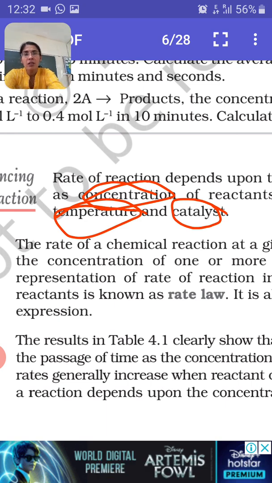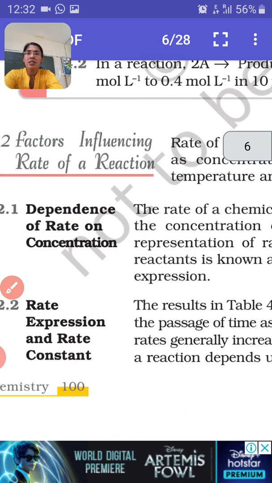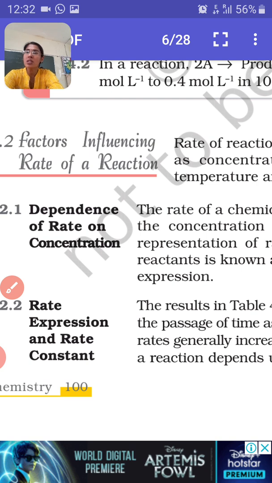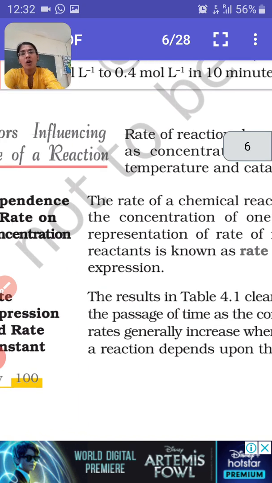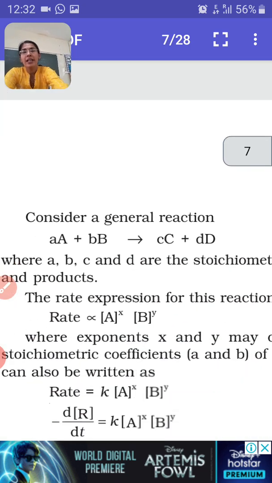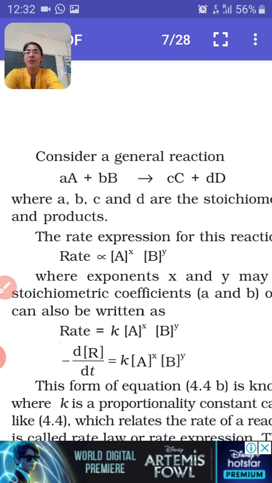Now, children, let us discuss the dependence of rate on concentration. Rate expression is the expression which relates the rate of reaction with the concentration. Now, we can understand it if we see a general reaction of the type aA plus bB to give cC and dD.